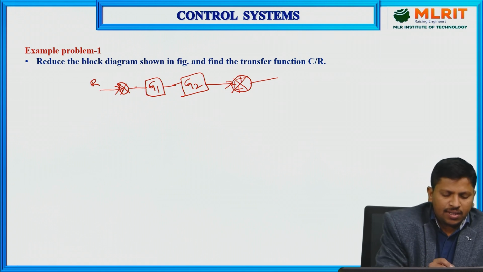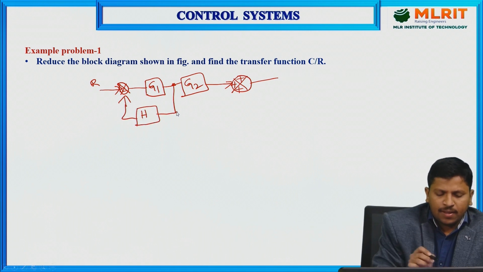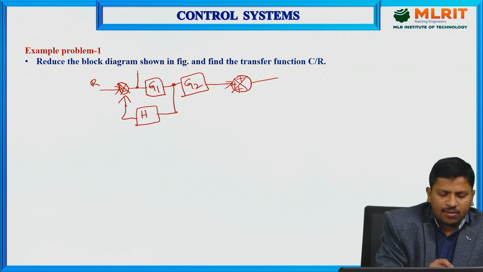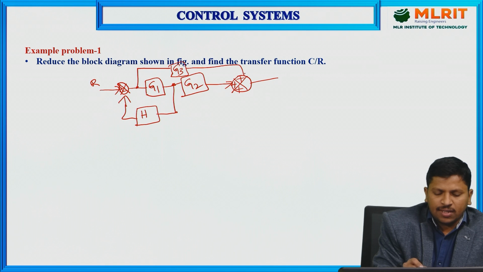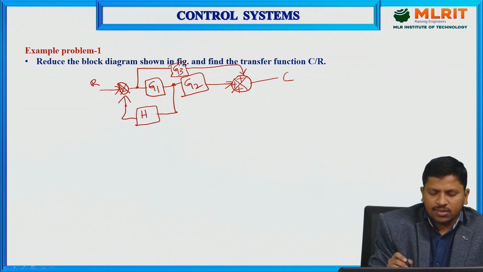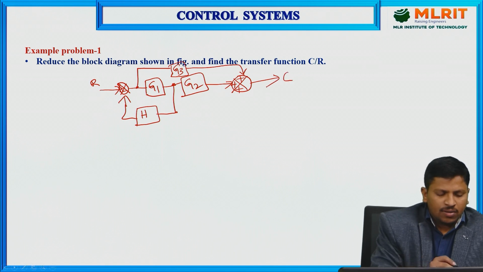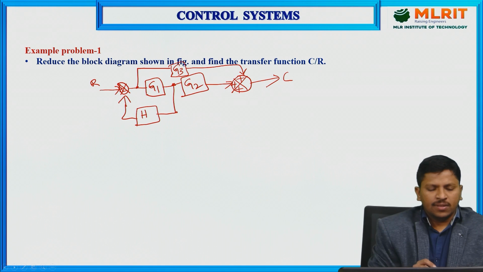In between these two, I am going to consider one feedback, that is H, and from here G3 will be given to here. This is the output C. This is the given block diagram.